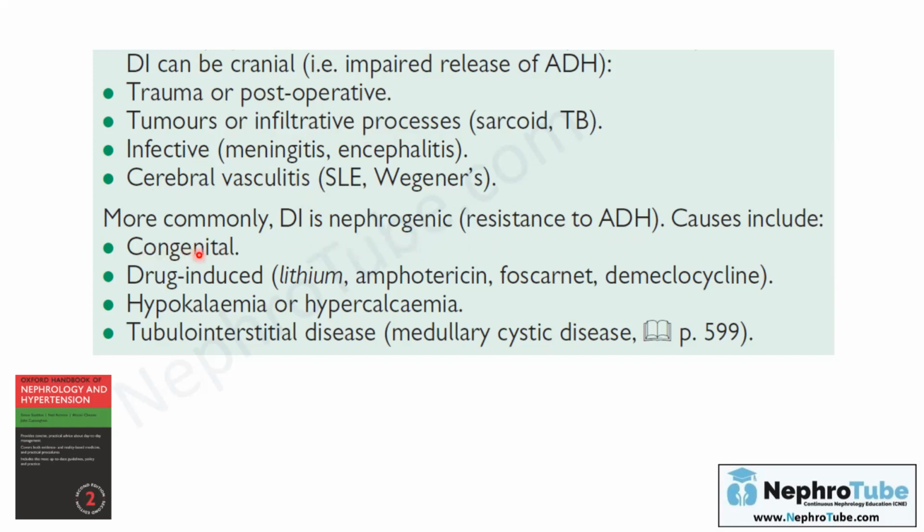This may be congenital or drug-induced, and the most common is lithium, maybe other drugs. There is a resistance in the kidney to the effect of ADH in cases of hypokalemia and hypercalcemia, and we will talk about these later in lectures on hypokalemia and hypercalcemia, and also maybe due to tubulointerstitial disease.